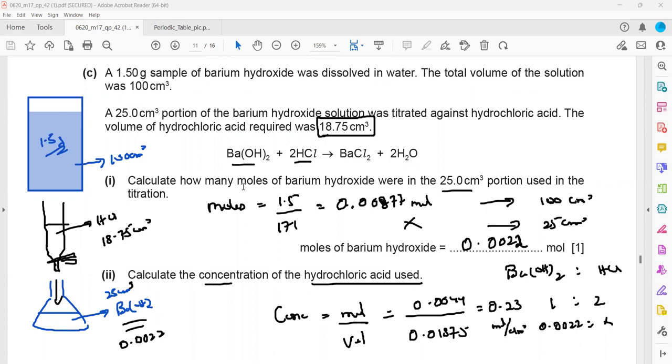So first, we got the moles of barium hydroxide, but they did not ask for total moles, they only asked for 25 cm3. That's why first we got the total moles in 100, and for 25 it will be x. After getting the moles, we took a ratio to get the moles of hydrochloric acid, and moles of hydrochloric acid divided by volume of hydrochloric acid gives the concentration of HCl.